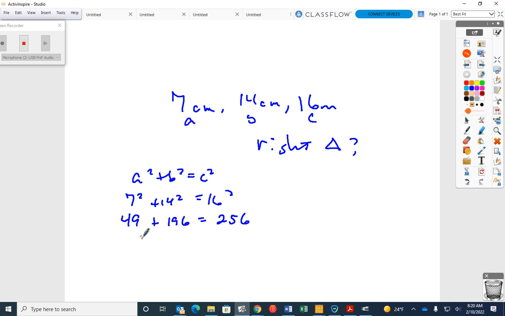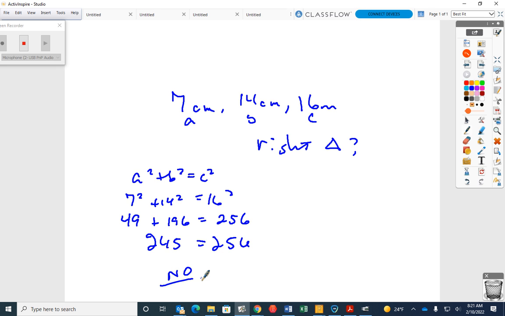Tell me what you get. 245 equals 256. Well, is that true? Does 245 equal 256? No. So if they don't equal each other, can those three lengths form a right triangle? No. So this would be no, they cannot.